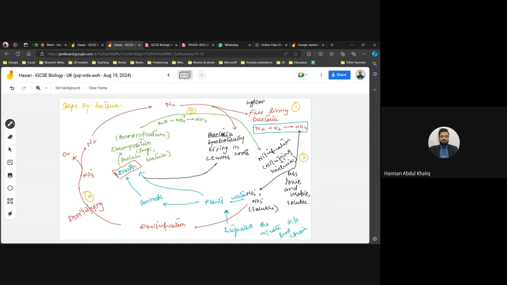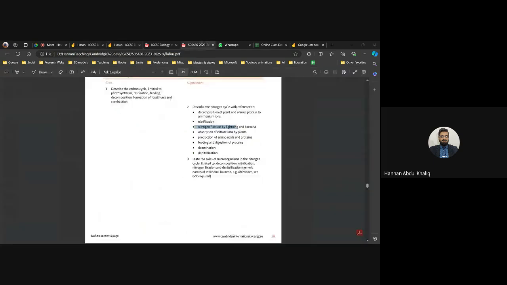But if we try to understand, in the food chain, the lightning doesn't contribute that much. No doubt, the nitrogen fixation is happening through the lightning, but in the food chain it doesn't contribute. Absorption of nitrate by plants, production of amino acids and proteins, feeding and digestion of proteins, deamination, and denitrification.